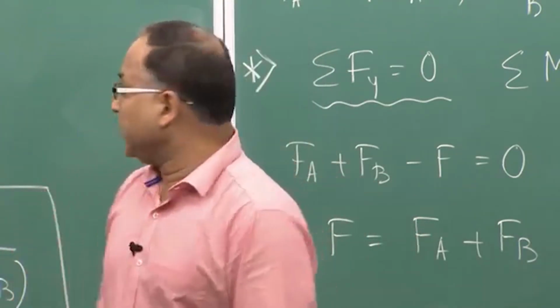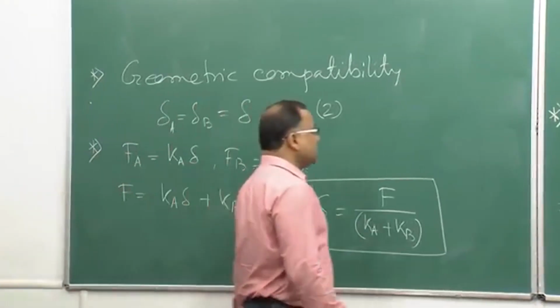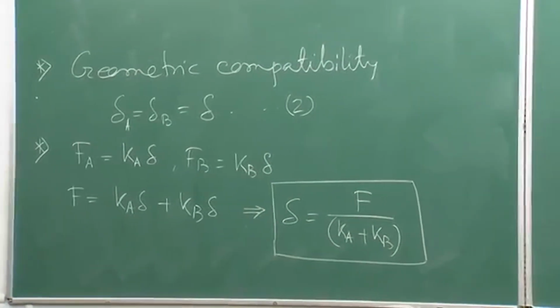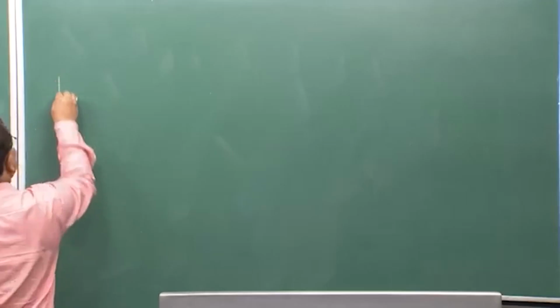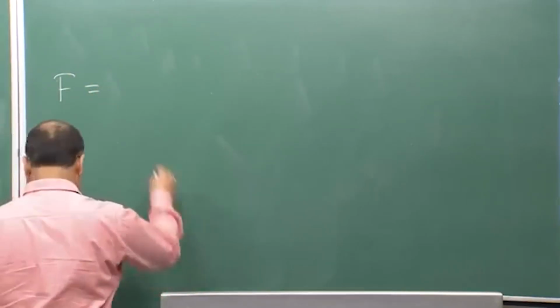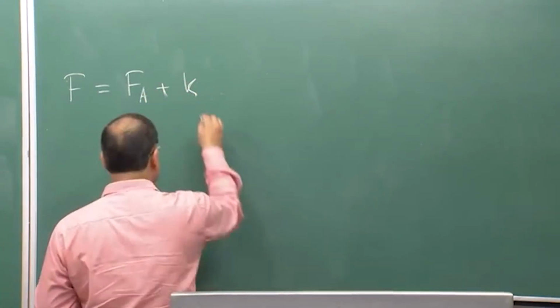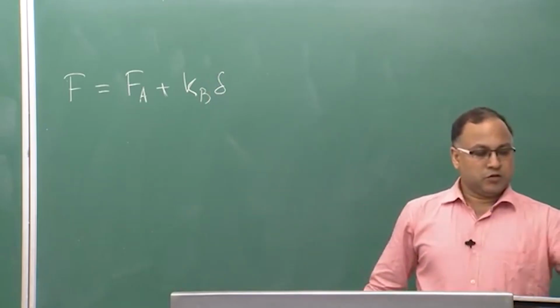Now, further if we move, we can establish the relation of how much force is shared by each spring. I can write that F equal to K A delta plus K B delta.